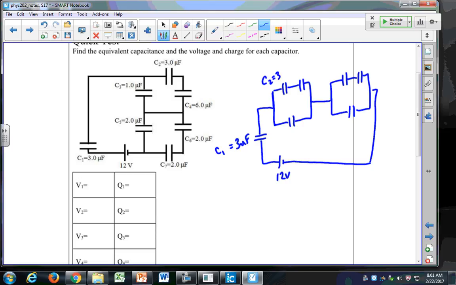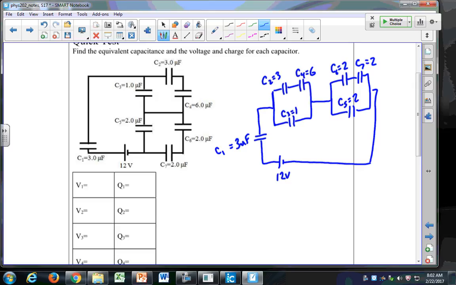C2 equals 3, C4 equals 6, and C3 equals 1. And then I have C6 and 7. And C5 is 2.